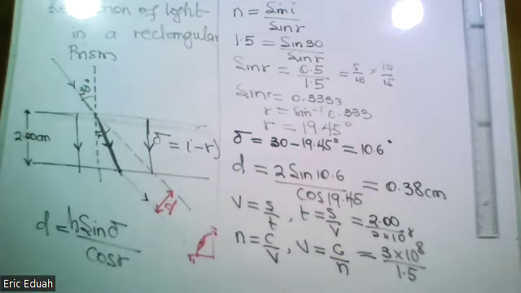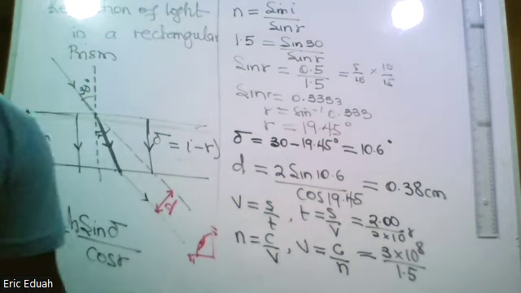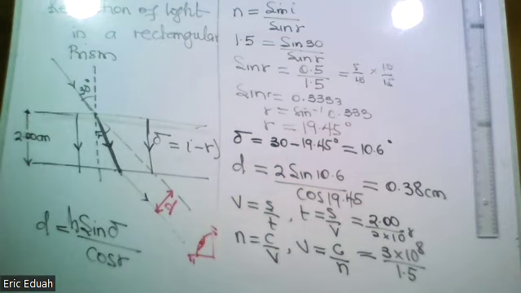Let's see what you can make for the time again. So find this distance and then substitute it here. Let's see what you'll be able to produce as the time.